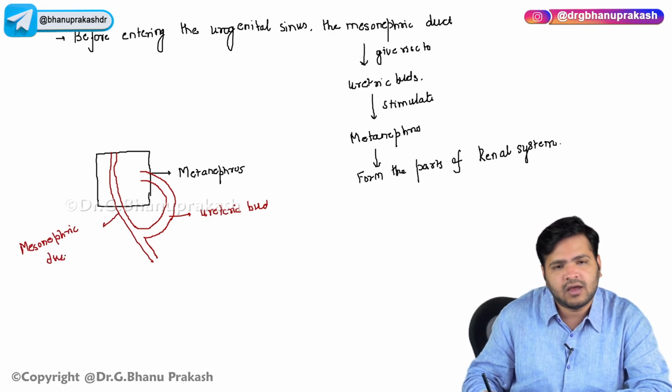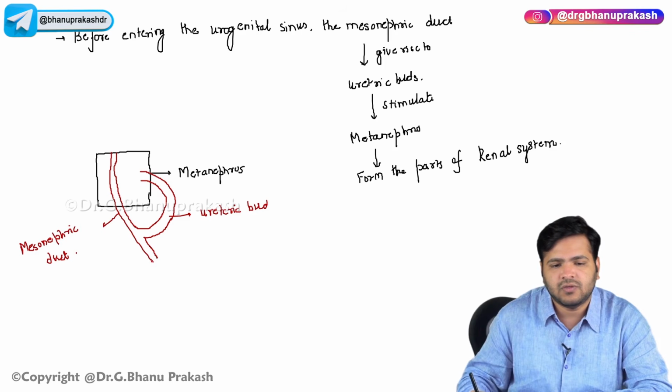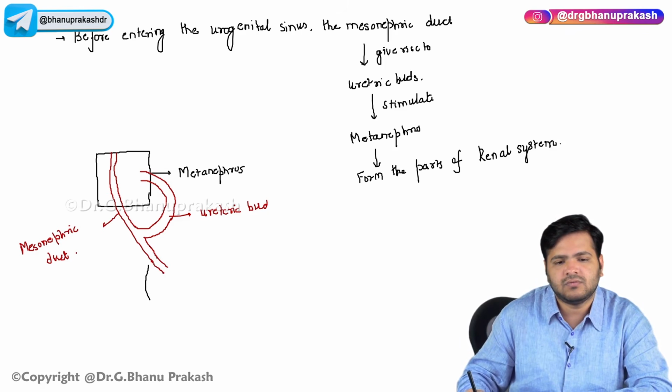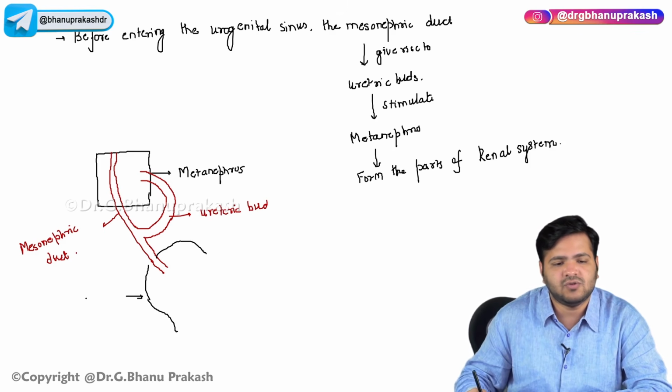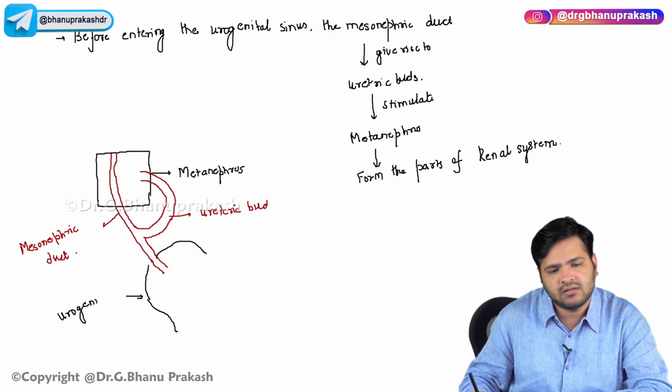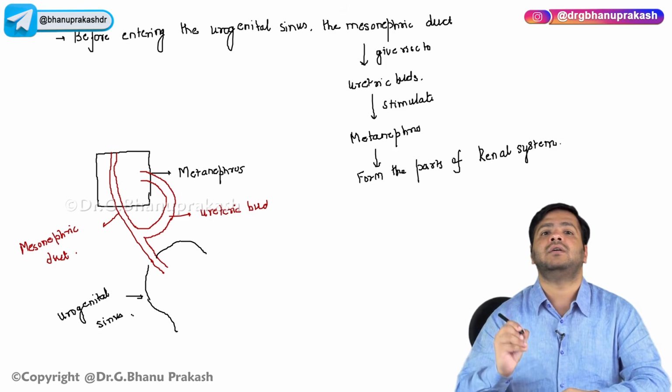And before entering into the urogenital sinus, it is giving the ureteric bud. So yes, before entering into the sinus, that is the urogenital sinus, it is giving rise to the ureteric bud. So this is the urogenital sinus, right.